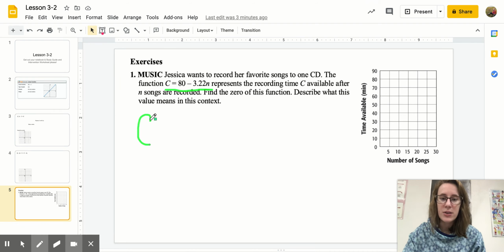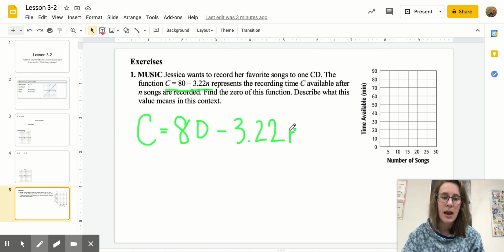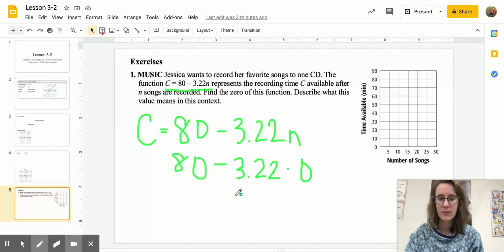So what we're going to do is, if c equals 80 minus 3.22n, I'm going to pretend the number of songs is 0 because it says find the 0 of this function. So if n is 0, that becomes 80 minus 3.22 times 0, which just becomes 80.